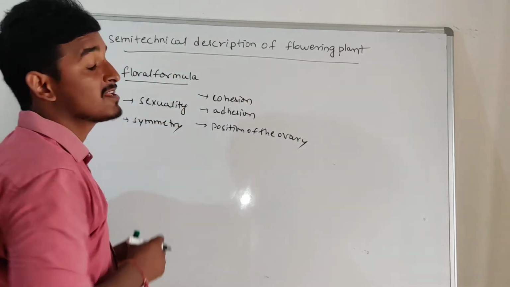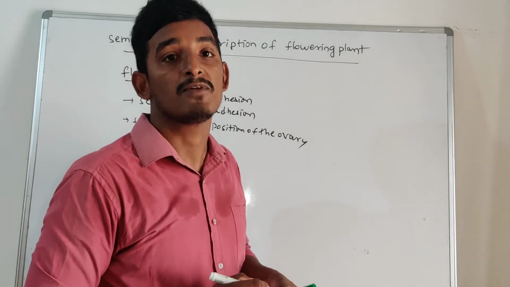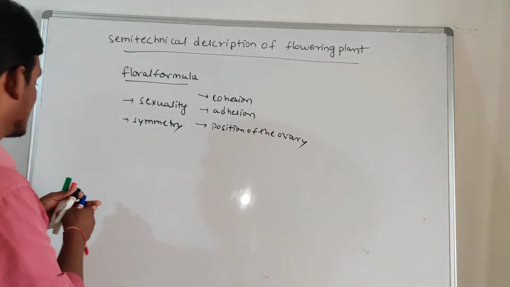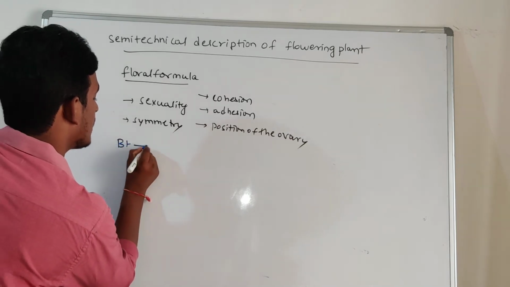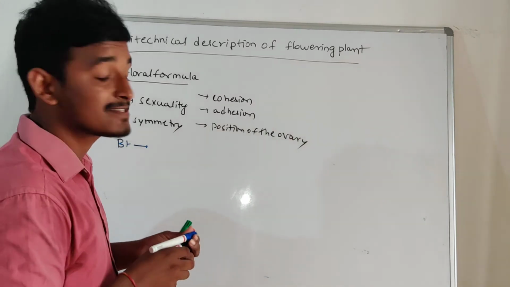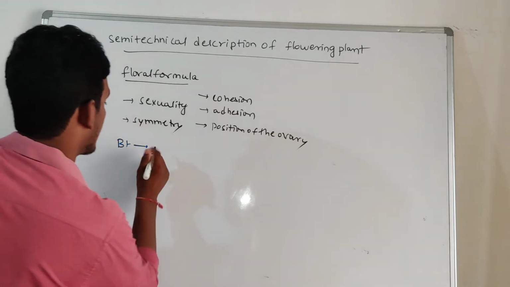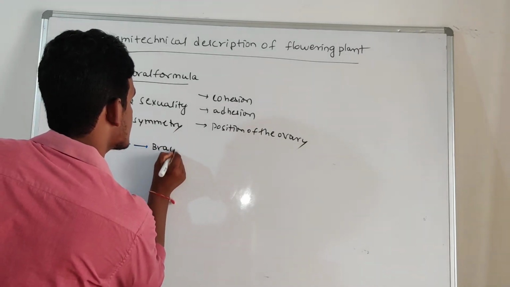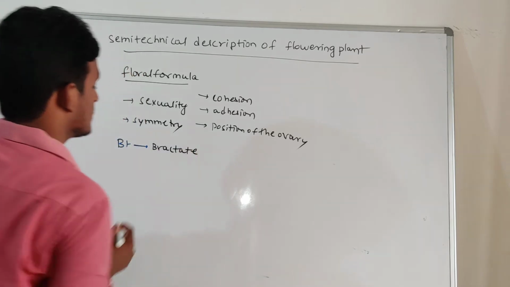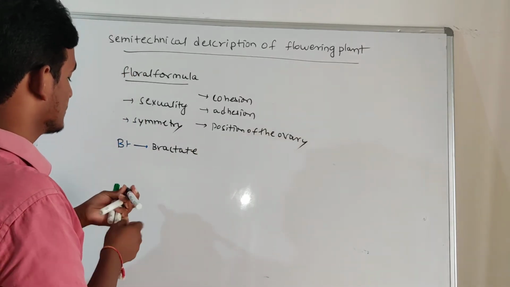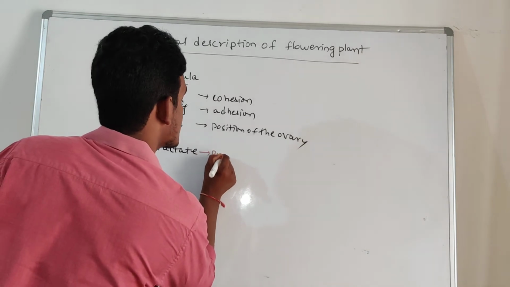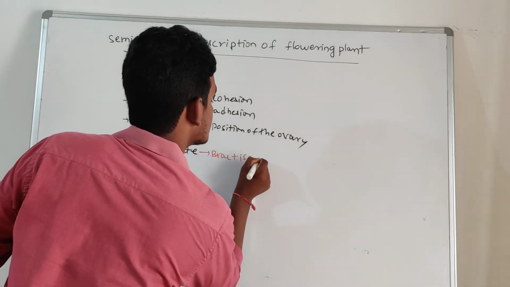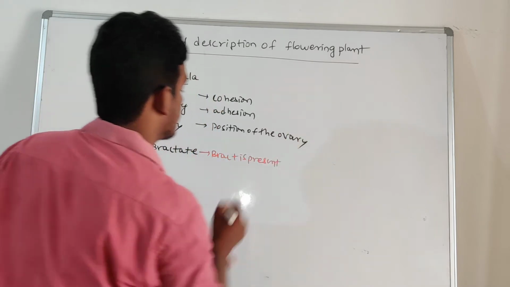What type of symbols do we use in a floral formula? First we start with BR. BR stands for bracteate. If the bract is present, then we write BR.